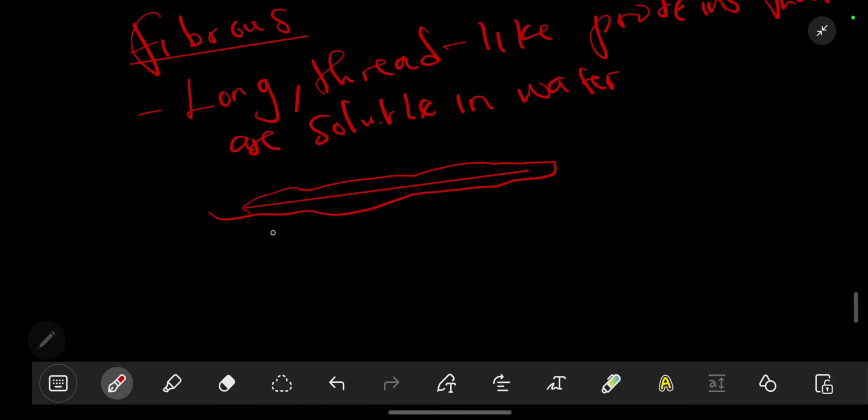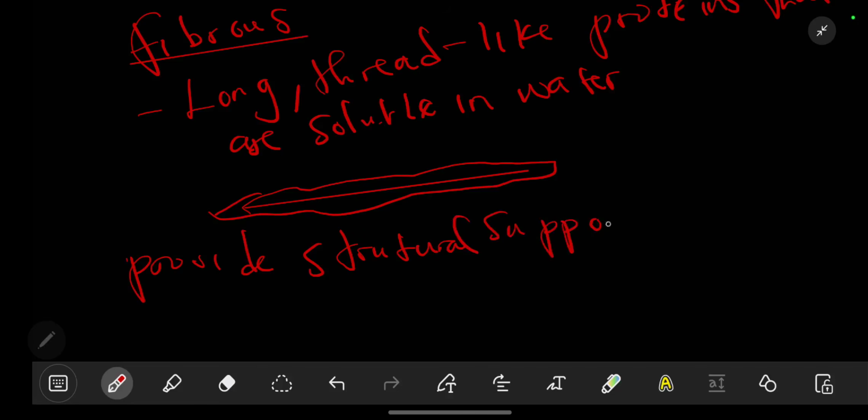So the function of the fibrous protein is to provide what we call structural support and strength. So this is what we call the fibrous proteins.